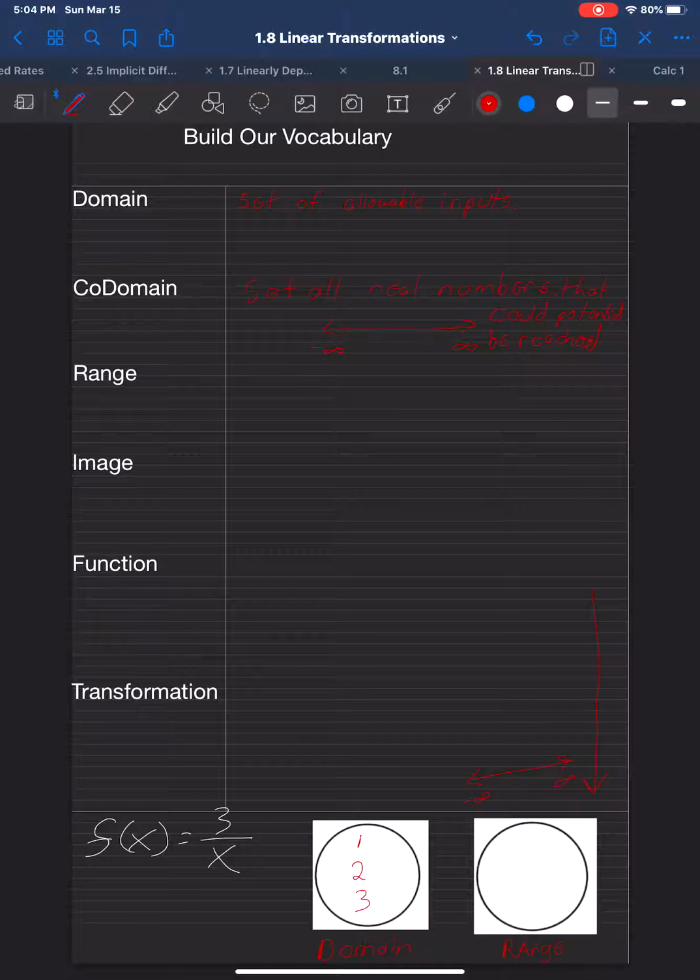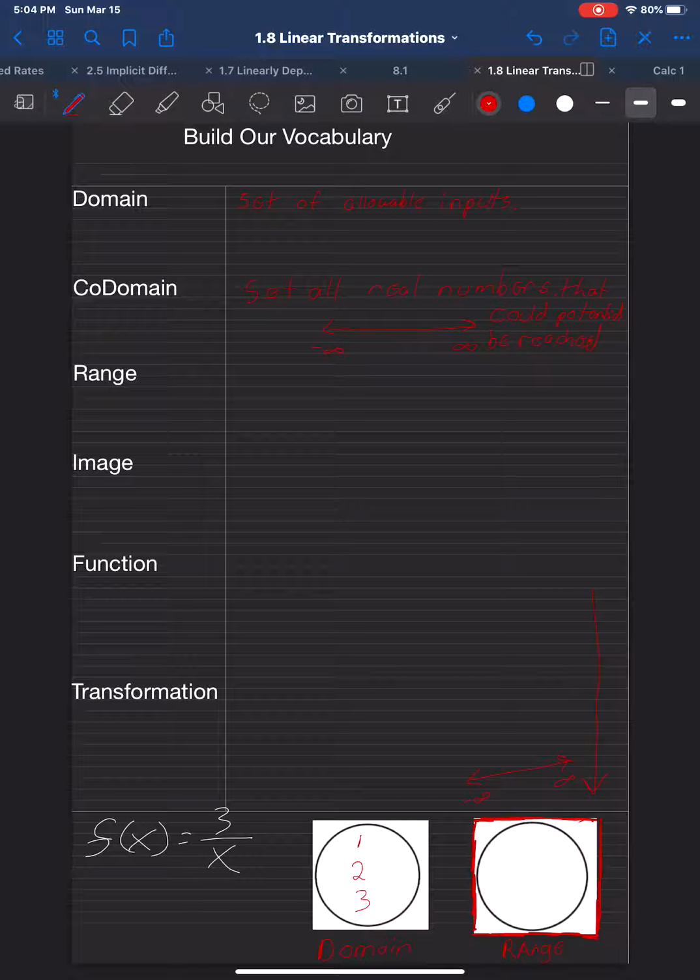So it's kind of hard to do. But I'm gonna box in, and let's think about all the real numbers that exist. They are in this box. Okay? All real numbers are within this box.